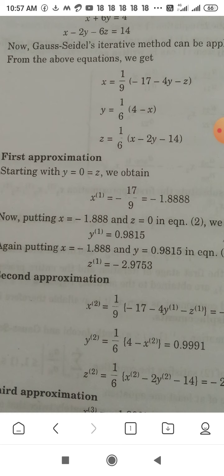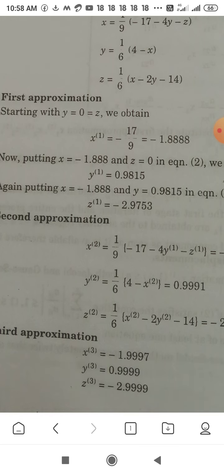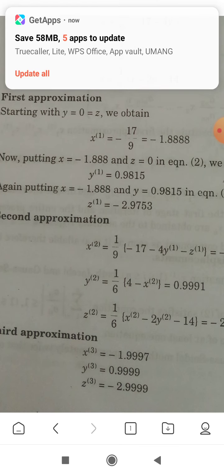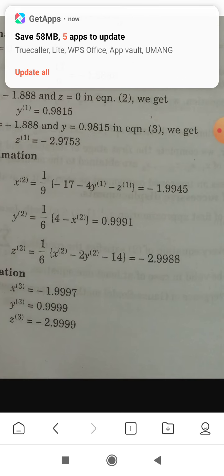Again putting x is equal to minus 1.88 and y is equal to 0.9815 into the z equation, z equal to 1 by 6, x minus 2y minus 14, you get z1 equal to minus 2.9753.